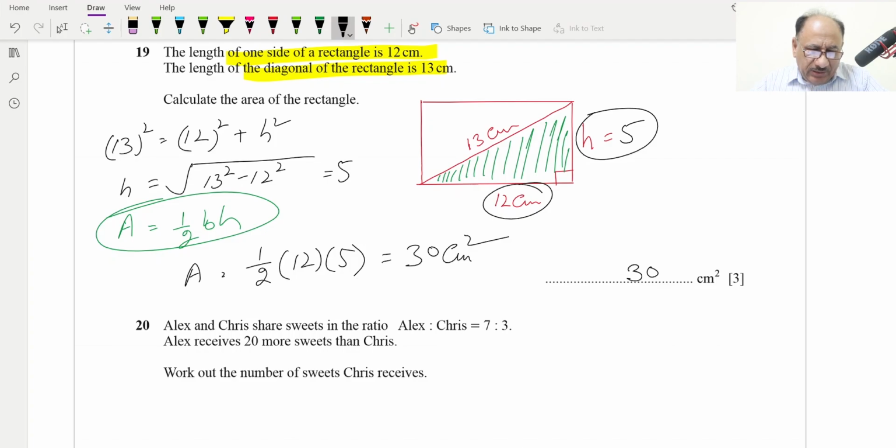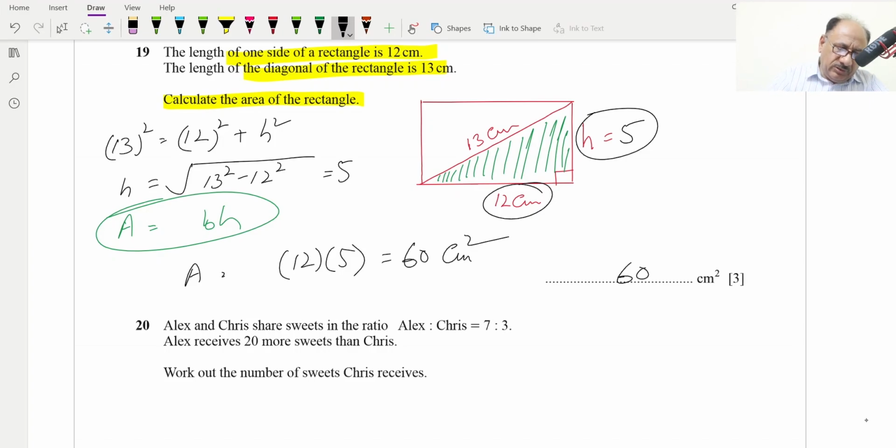Basically this will be the area of the triangle, but they are asking for the area of the rectangle. So we can double this one or just remove this half, and we will get 60. So our answer will be 60 centimeters square. This one will be our final answer.